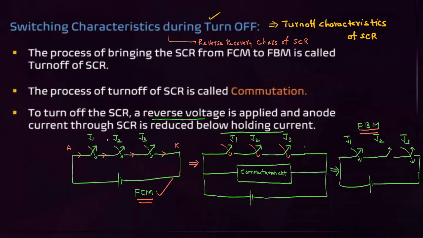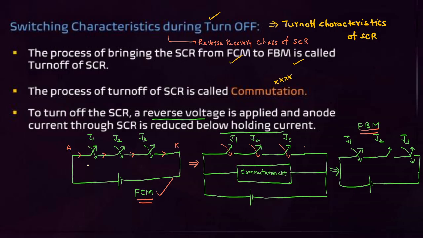What do you mean by turn off of SCR? The process of bringing the SCR from forward conduction mode to forward blocking mode is called turn off of SCR. Technically, the process of turn off of thyristor is called commutation.